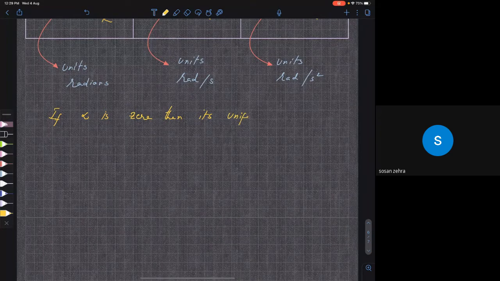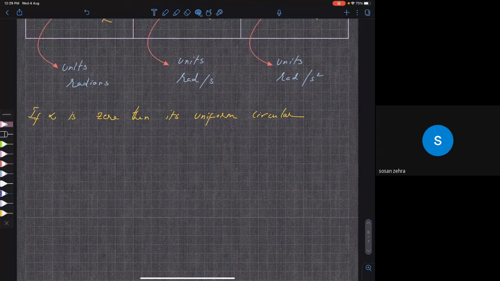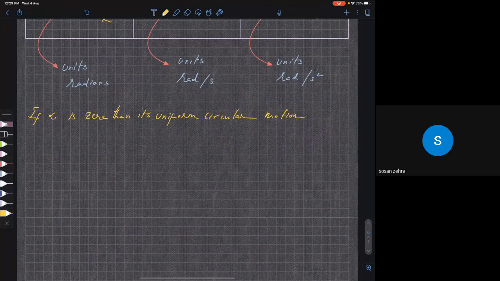Are you getting it? If omega is constant, then it's uniform circular motion. Do you agree?